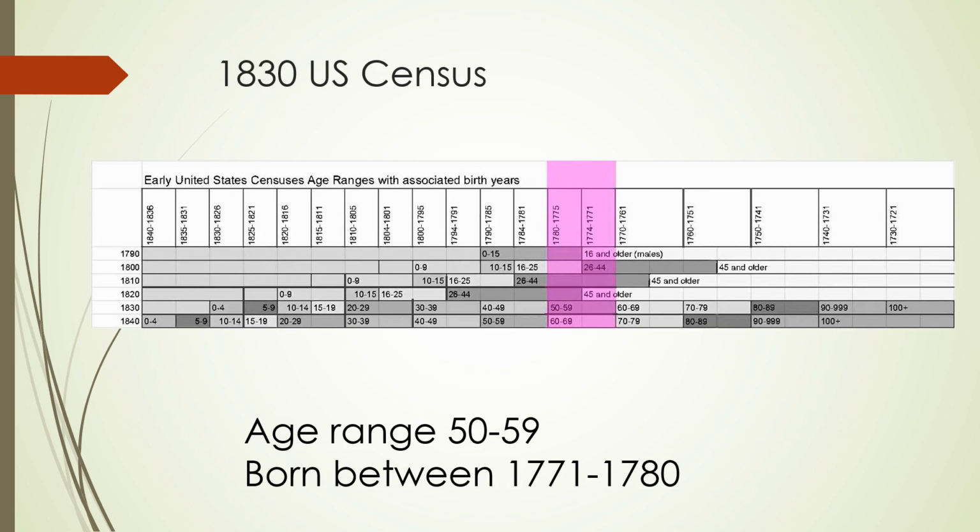A good researcher always moves from the known to the unknown, which is usually back in time. When we highlight the age range of 50 to 59 on the 1830 census on this worksheet, we can see that the individual was probably born between 1771 and 1780. A 10-year span isn't bad, but let's see if we can narrow it more.